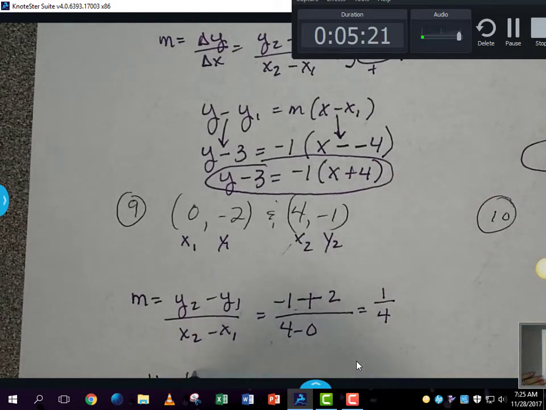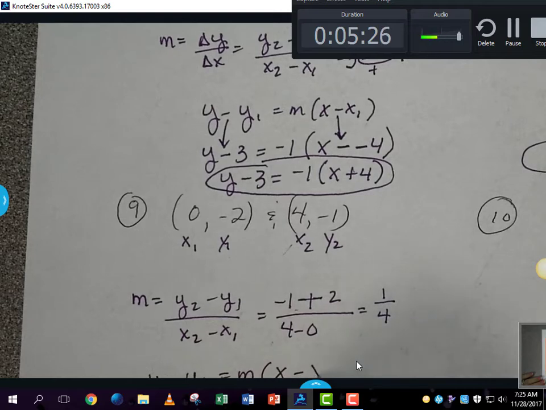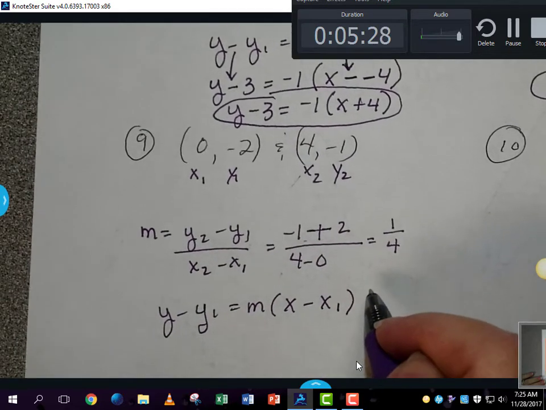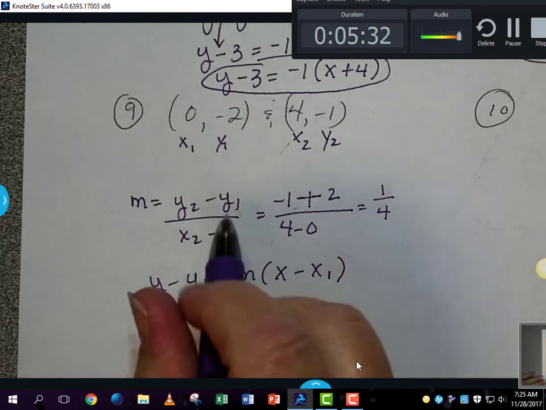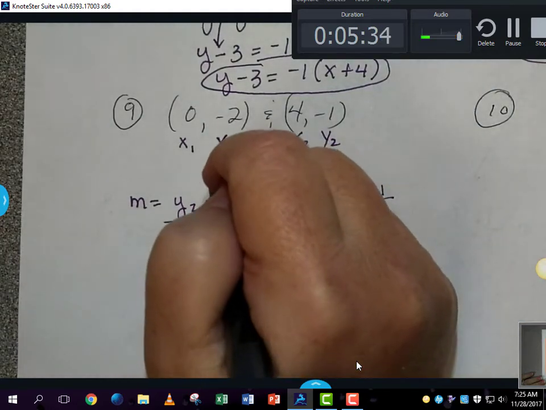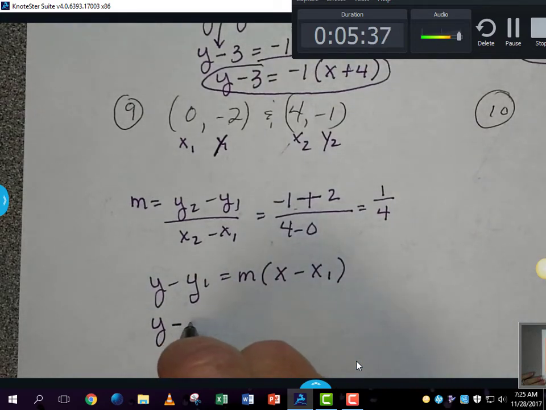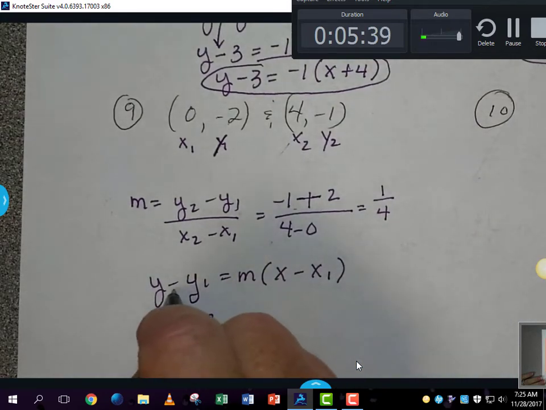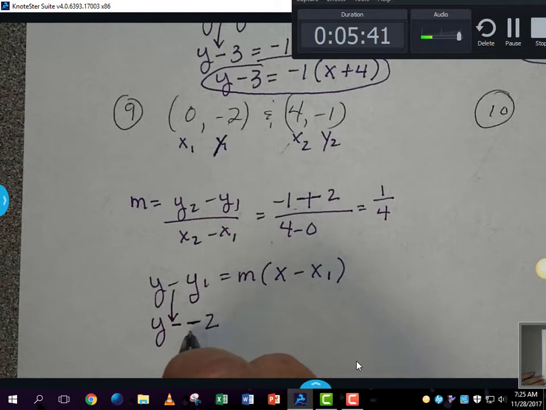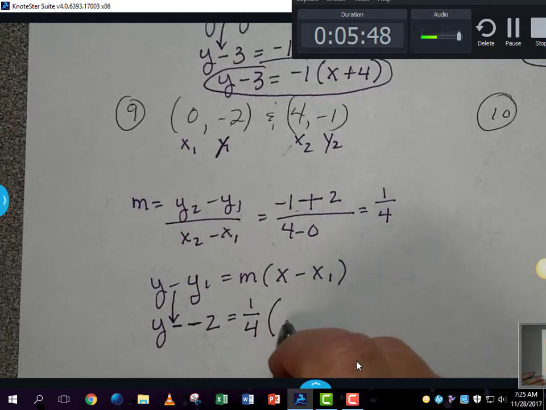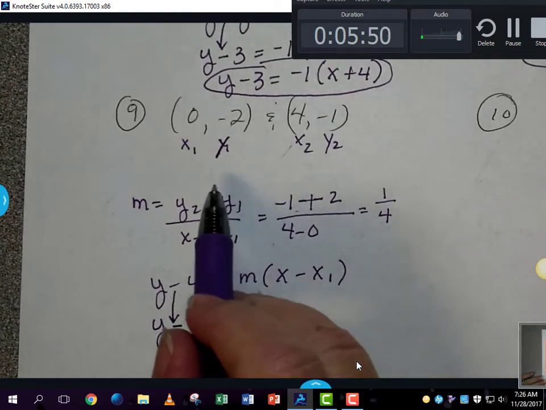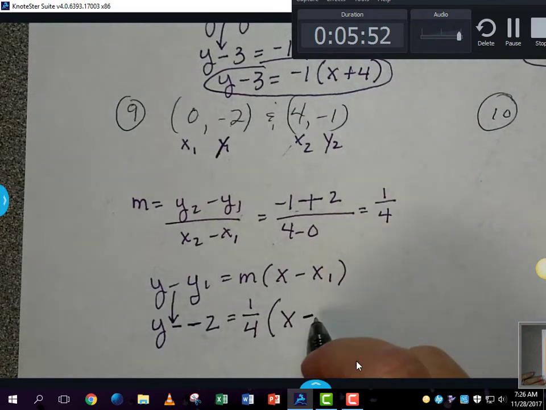So y minus y sub 1 equals m times the quantity x minus x sub 1. Just figured out that m is 1/4 and y sub 1 is negative 2. So y minus negative 2, this is coming from the template, this is what y1 is, equals m, which is 1/4, times the quantity x minus x1 is 0.